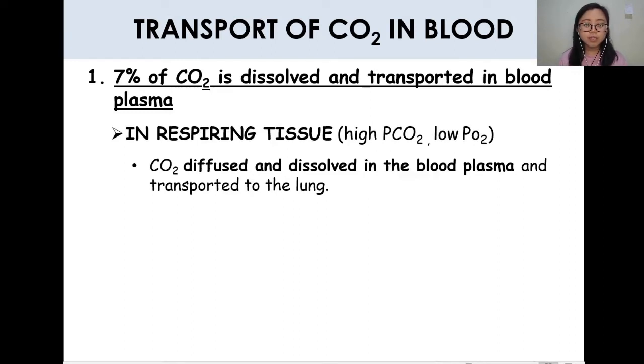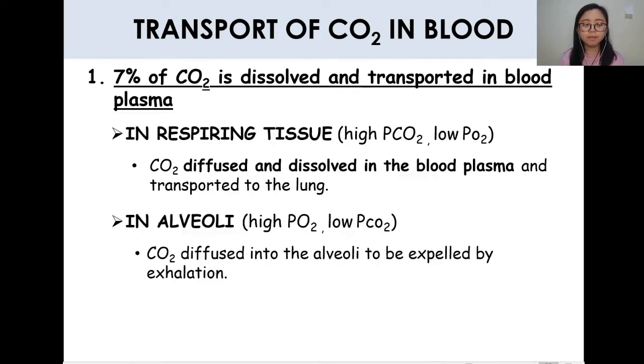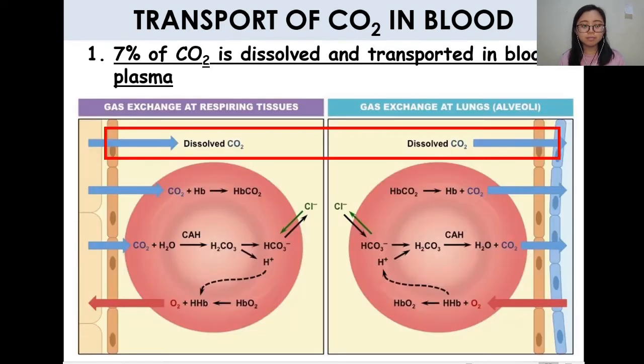The carbon dioxide diffuse and dissolve in the blood plasma and is transported to the lung. In the alveoli, where you will have high partial pressure of oxygen and low partial pressure of carbon dioxide, it will diffuse into the alveoli to be expelled by exhalation. And this is a diagram to show that.